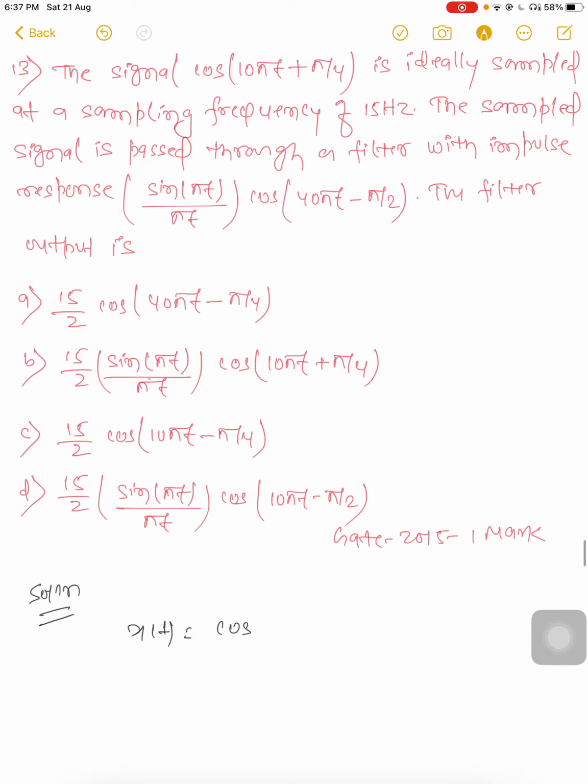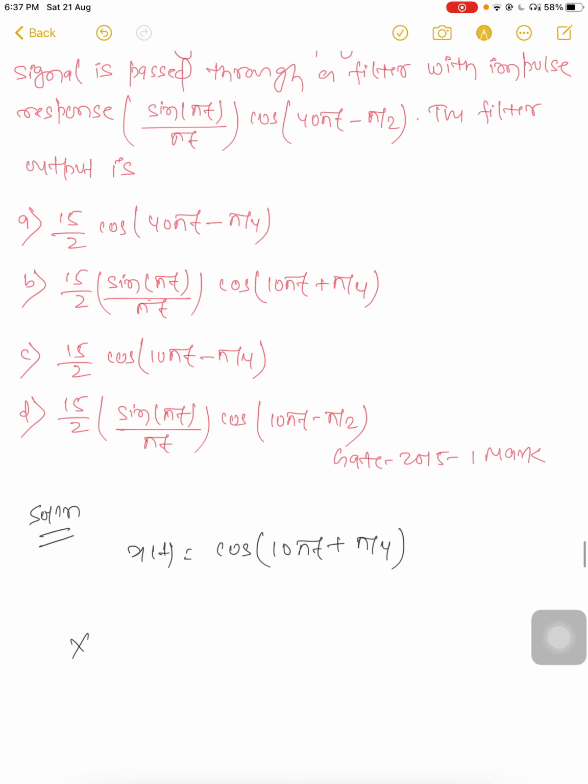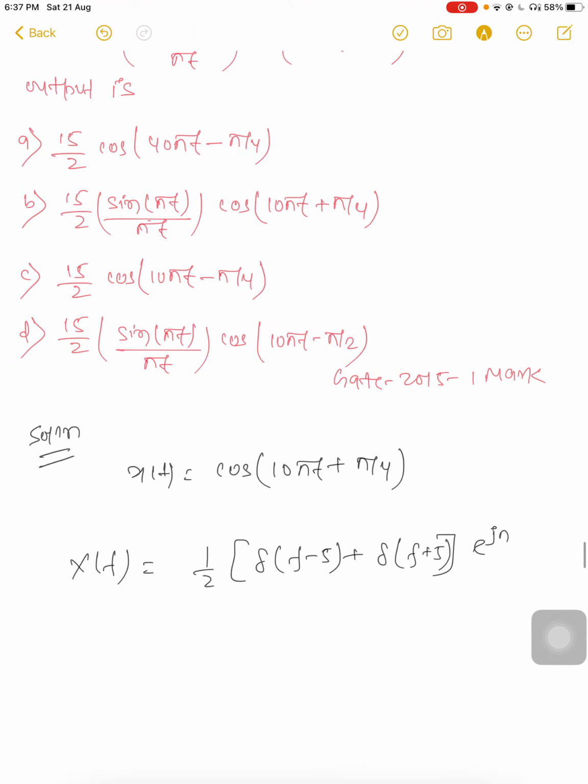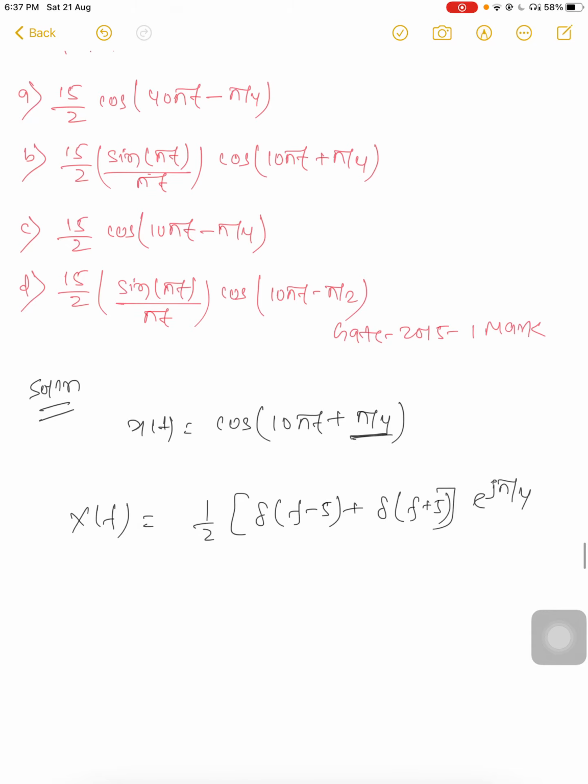So x(t) is given as cos(10 pi t plus pi by 4), and X(f) is equal to half of delta(f minus 5) plus delta(f plus 5), with e to power j pi by 4 because of the phase shift.